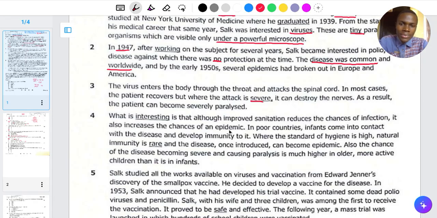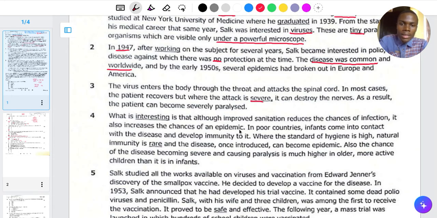Wow. When you're improving sanitation, it is also increasing what? The chances of an epidemic. How come? We all know that improving sanitation reduces the chances of infection. But here it is saying what is interesting is that although improved sanitation reduces the chances of infection, it also increases the chances of an epidemic.